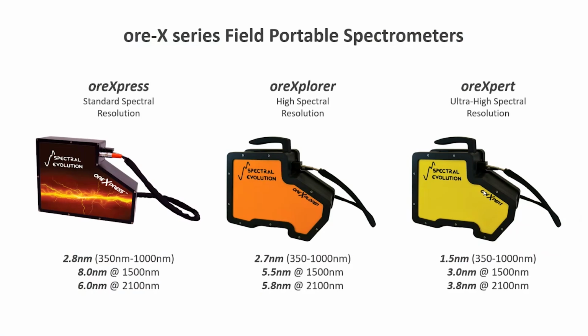So all 3 of these spectrometers are field portable in the sense that, maybe today you want to use it in the lab, tomorrow you want to pack it up, use it in the core shack, and then maybe you also want to put it in a backpack and take it to the field. So all 3 of these instruments are extremely rugged. They're built for field use. So this is going to truly allow you to bring your lab to the field, if that makes sense.